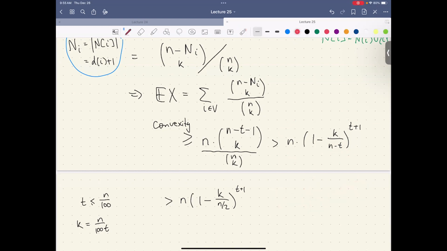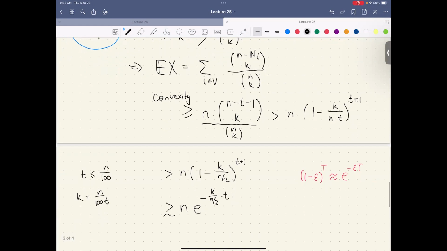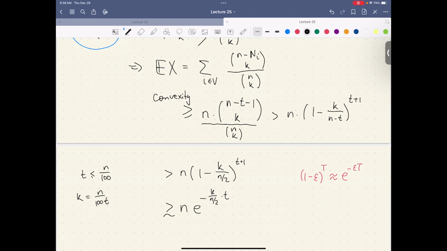Write it on the side. So we have this is bigger than n times e to the negative k over n over 2 times t, roughly. Let me not be so precise; you can fit in the right constant, so it's correct. Now, what is kt over n? kt over n is a small number, 1 over 100. So this whole thing is bigger than, let's say, 0.9n. Good.